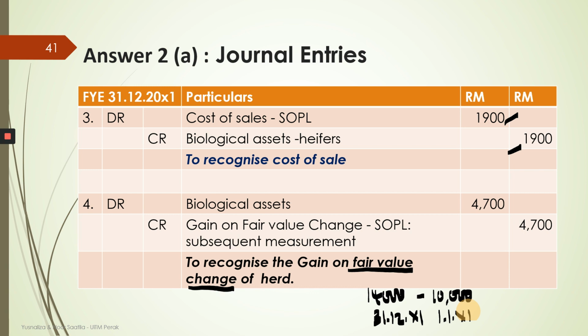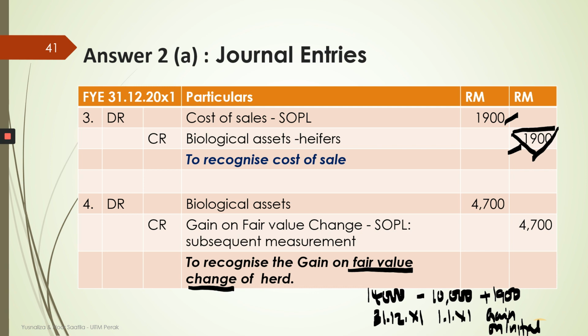And you are informed that there was a gain, but the gain reduces the biological asset. So this is 1,900. This is the gain on initial recognition. And our focus is to find the gain on fair value changes, which is on the reporting date.